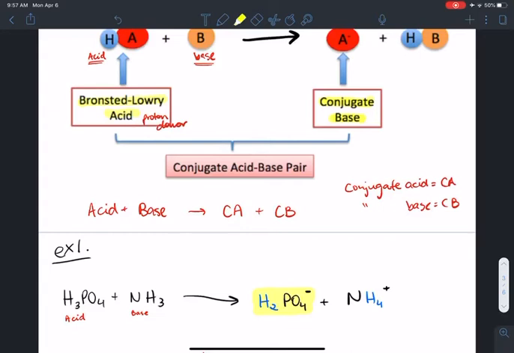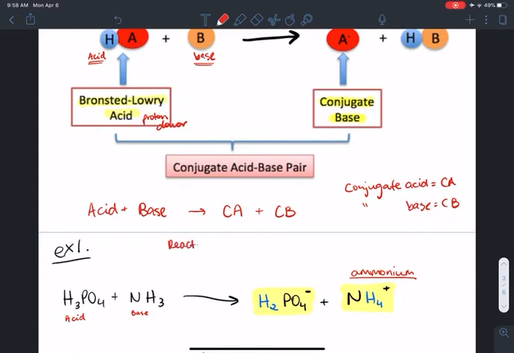Then the ammonia picked up that extra hydrogen and turned into the ammonium cation. We also know the name for that. Ammonium is NH4+. In all of these reactions, the charges should be the same on the product side as they are on the reactant side.